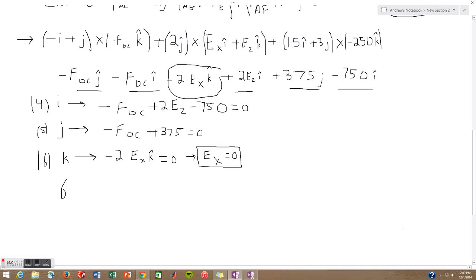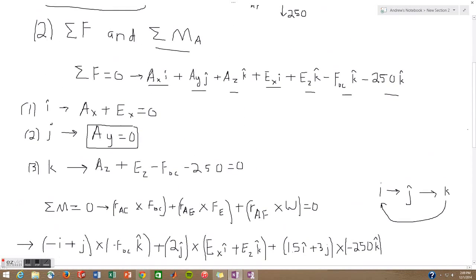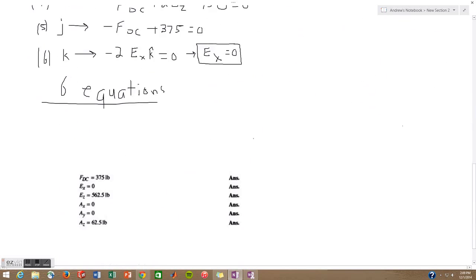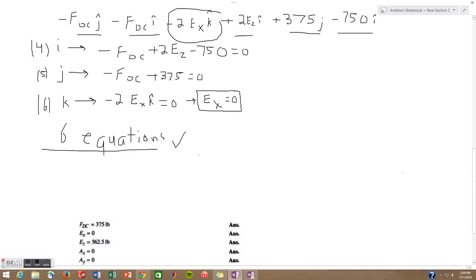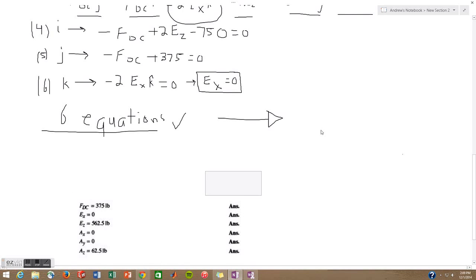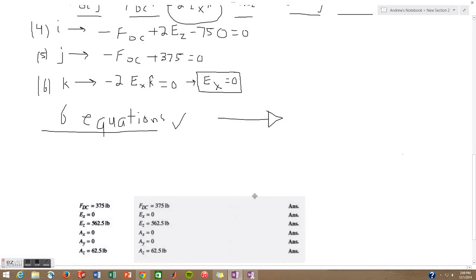So since we now have 6 equations, and let's see, 6 unknowns, we can therefore solve the problem now using a system of equations. So you can use reduced row echelon form, some kind of program, like Wolfram Alpha, if you have a TI-89, whatever you choose.